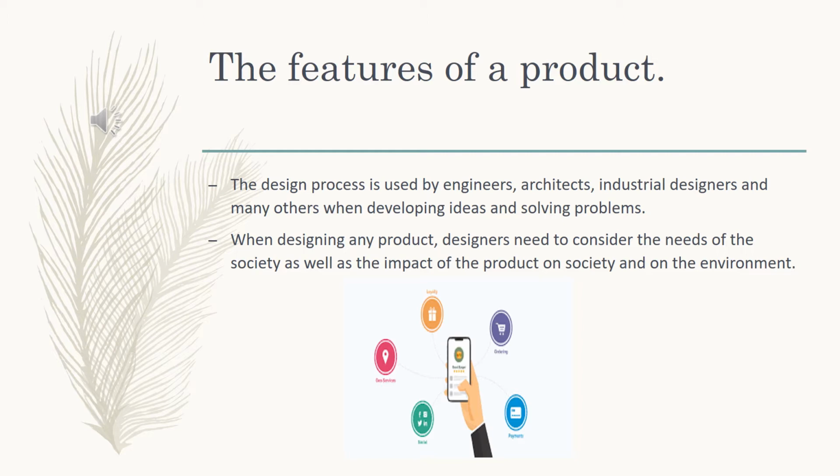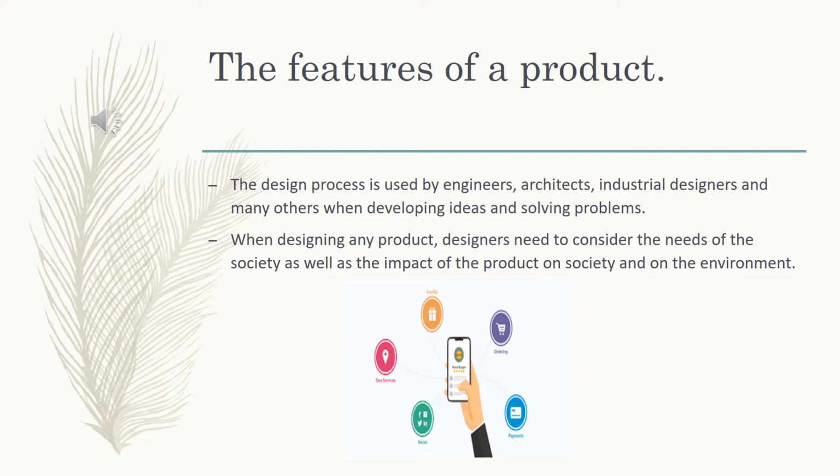Basically, you cannot develop something that is harmful to the environment. And again, you cannot develop something that is not needed by society. So you have to do research to see if there's a need for that particular product.